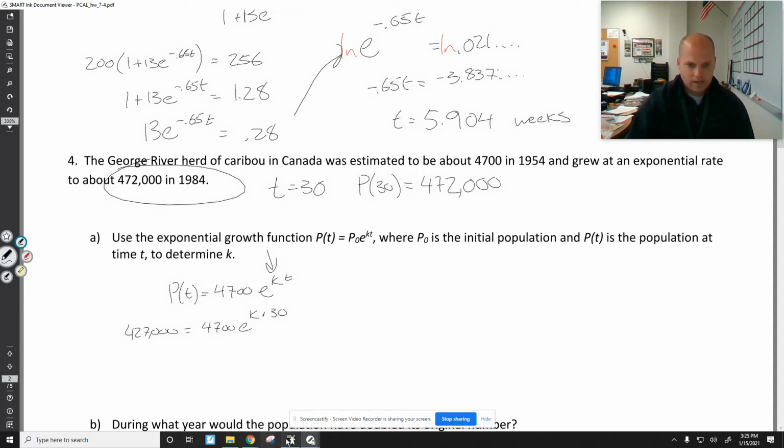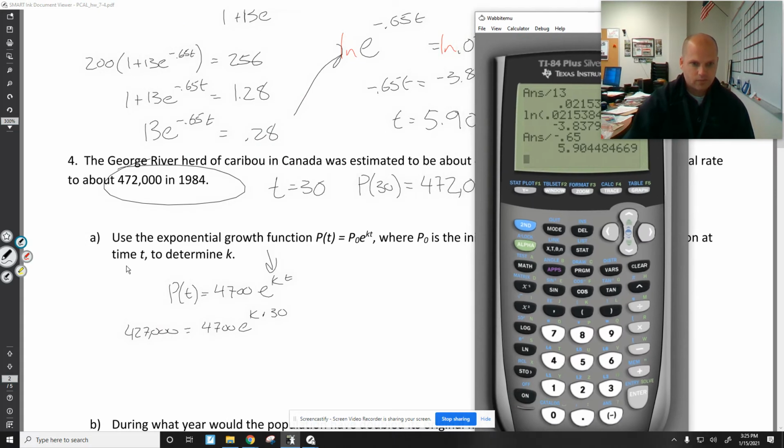Okay, we take this 472,000 over 4,700, and you get this number. So I divided by 4,700 on both sides. 90.851, dot, dot, dot. I got e to the k times 30.